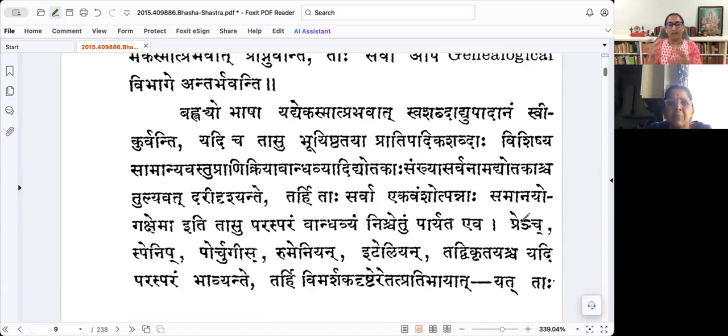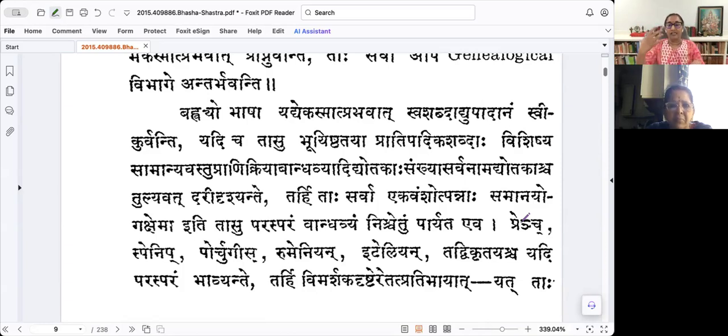So when Bhahvyaha bhashaha yadi ekasmat prabhavat swashabdadi upadanam svikurvanti, if they take their roots from one particular language, yadi cha tasu bhuishtataya pratipadika shabdaha vishishya.